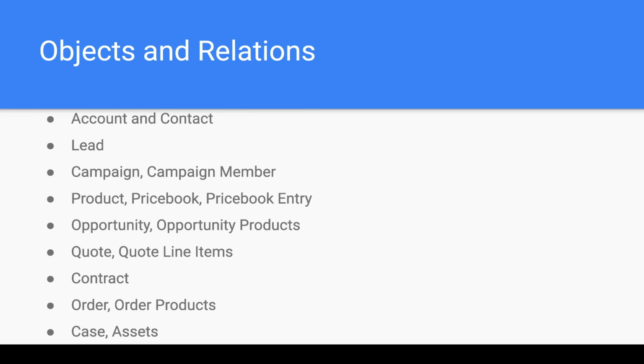Then product, price book and price book entry are related. Product is any potential product that you are selling, things like an HP computer or a Compaq or a Lenovo computer. And price book is a set of prices for the products you have, and there can be multiple price books depending on the customers you are selling to. There can be wholesale and retail price books with different price rates.